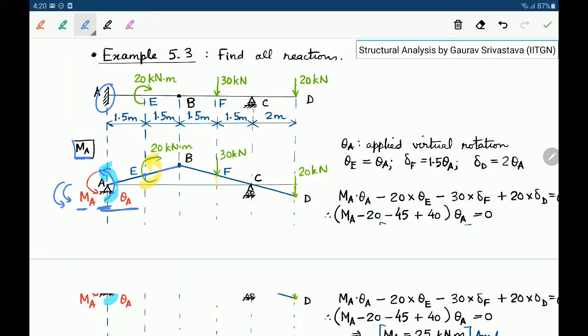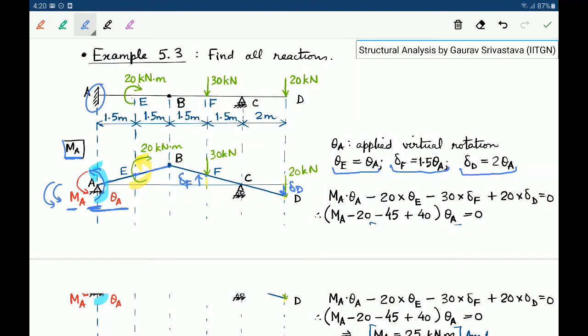Okay, then we go to point F, where there will be an upward delta F, and then we will reach point D, where there will be a downward delta D. So theta E is equal to theta A, delta F becomes 1.5 theta A, and delta D becomes 2 times theta A. Okay, this is again considering small displacements, right? So theta A has to be considered to be small, only then this would make sense.